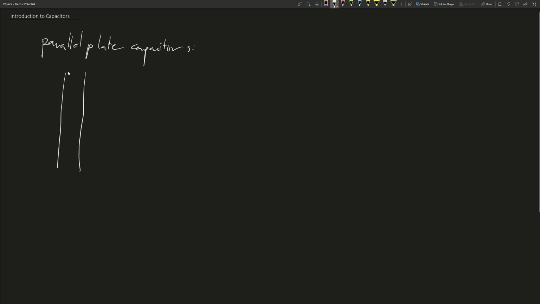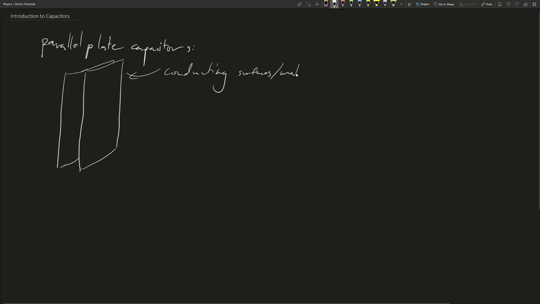These are going to be really in two dimensions. It doesn't have to be a square shape, but I'll just draw it as one to make it easier to see. You have two conducting surfaces or materials.